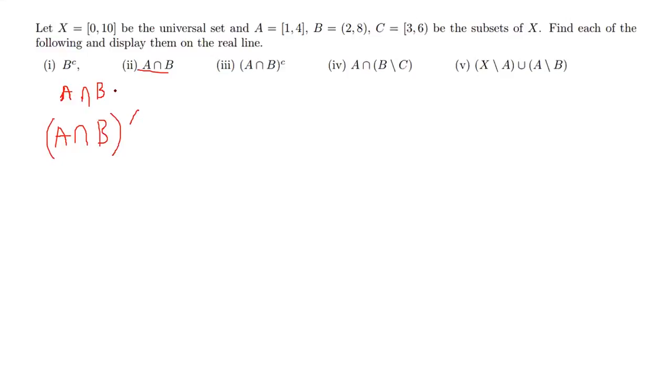We found A intersection B to be equal to 2 comma 4. It was like this.